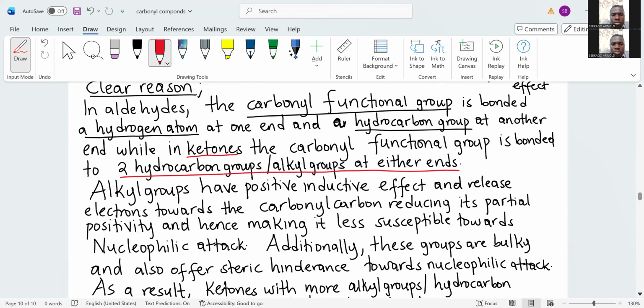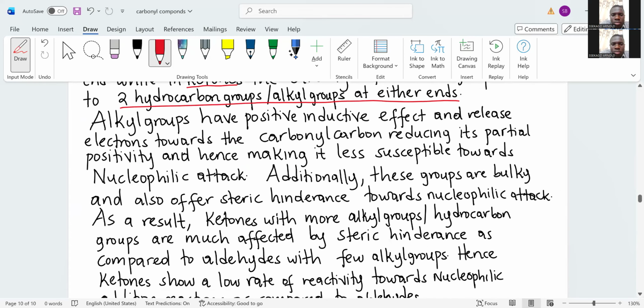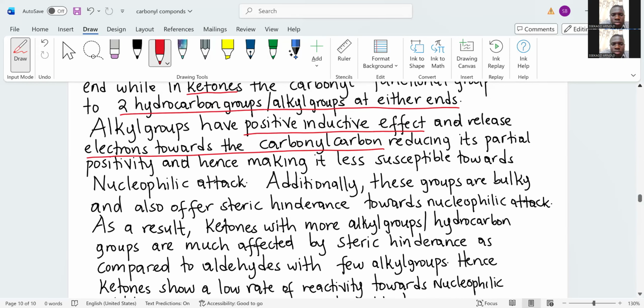Then I explain: if the hydrocarbonic groups are alkyl groups, they have a positive inductive effect. That means that they release electrons towards the carbonyl carbon, reducing its partial positivity and hence making it less susceptible towards nucleophilic attack.